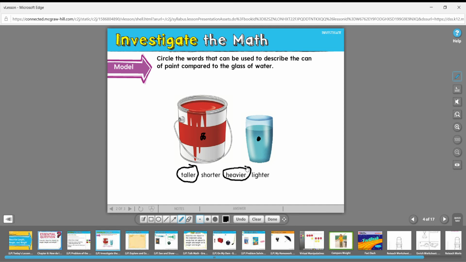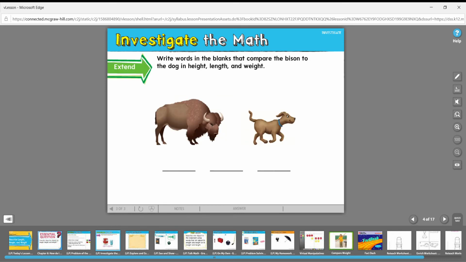Okay, now, what's the next thing that we're going to do with this? I'm going to write some words into the blanks so you can tell me what words to write. Write words in the blanks that compare the bison, this is the bison, he's really big, to the dog in height, length, and weight.